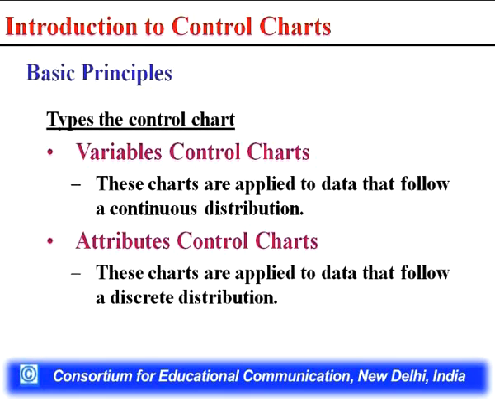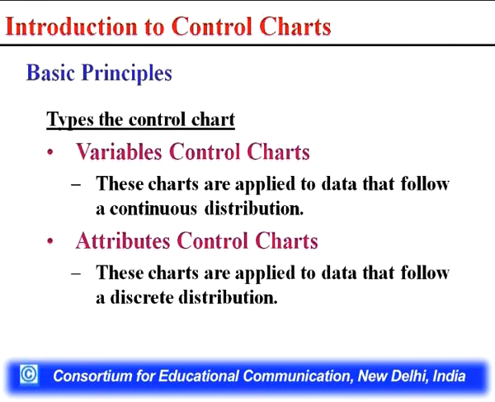One is variable control chart, and these charts are applied to data that follow a continuous distribution, and if we are able to measure the parameter like temperature, length, width, etc., then we will make use of control charts for variables.